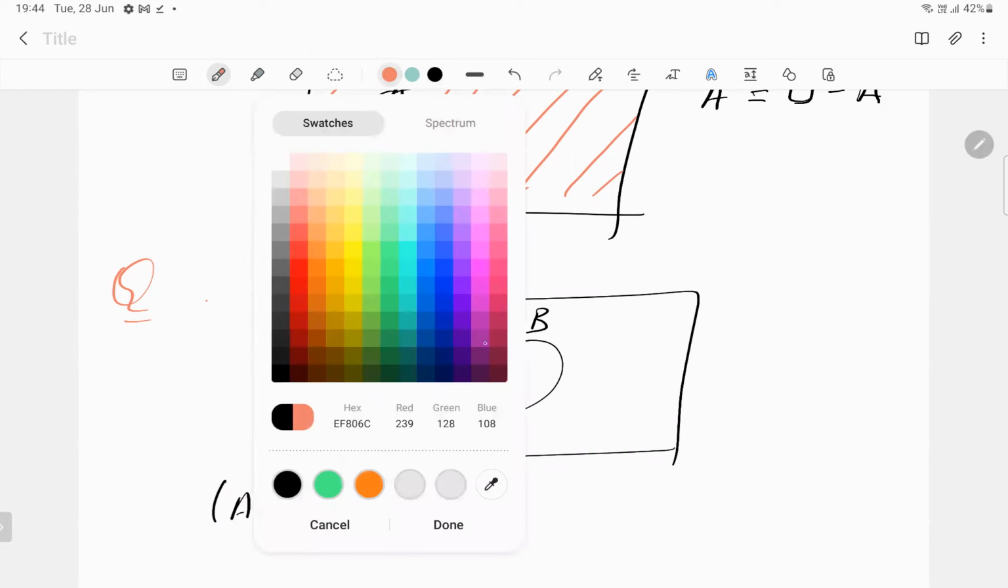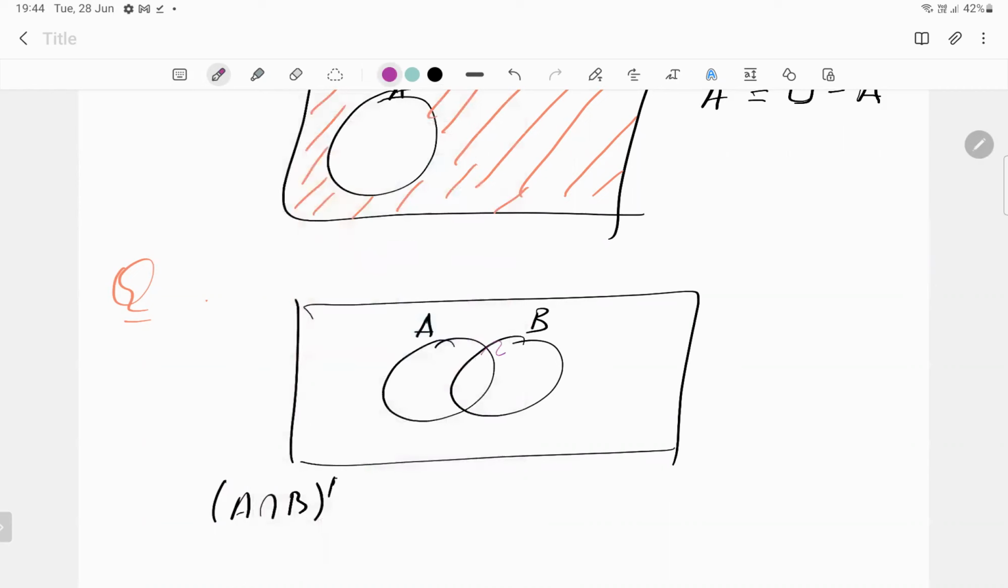This is the intersection part, right? This is A intersection B. And I'm saying A intersection B complement. That is everything other than this. So everything other than this.